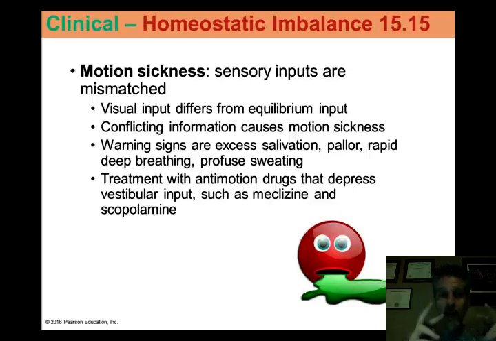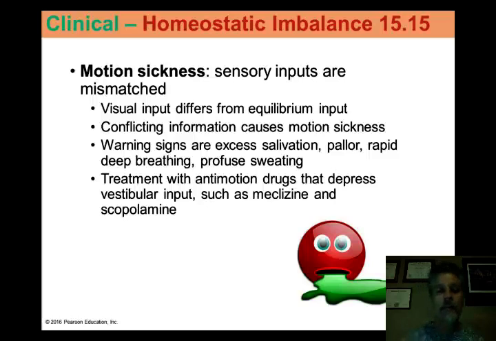So for your eyes, looking at the inside of the car or the inside of the boat, you're moving, but the boat's moving as well. So to your eyes, everything is static, not moving. But that doesn't fool your vestibular receptors, which are getting linear motion as well as rotational motion. So due to this conflict, they think that's what causes motion sickness.